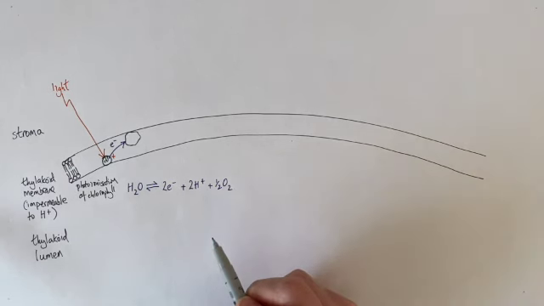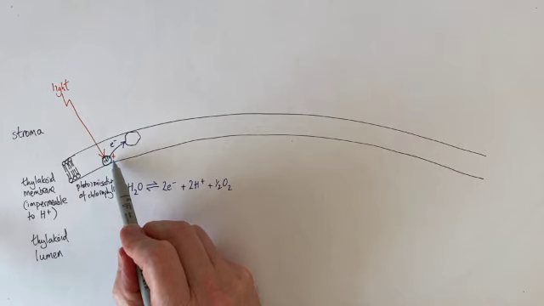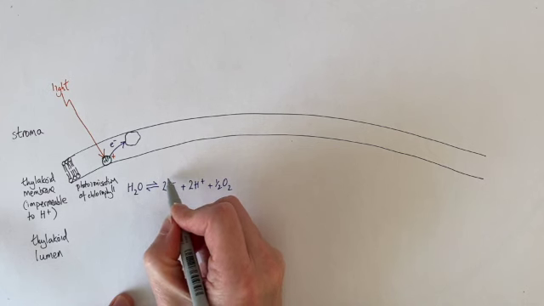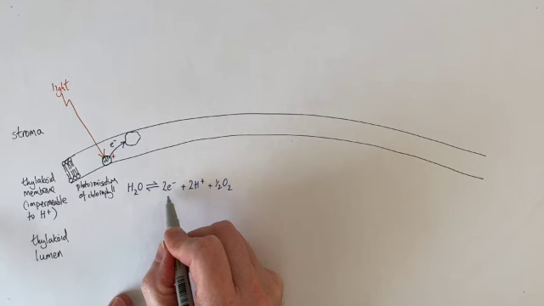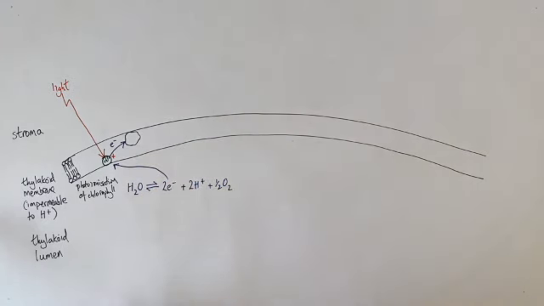I'll come on to that in a moment. Here, the chlorophyll is positively charged. So what that means is the negatively charged electrons here are attracted to the positively charged chlorophyll molecules.